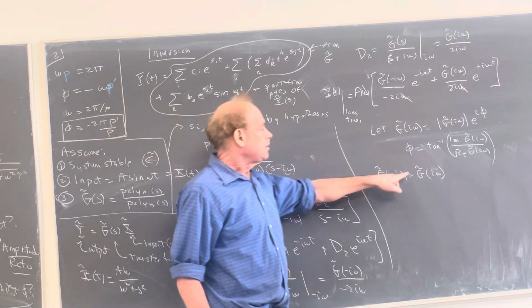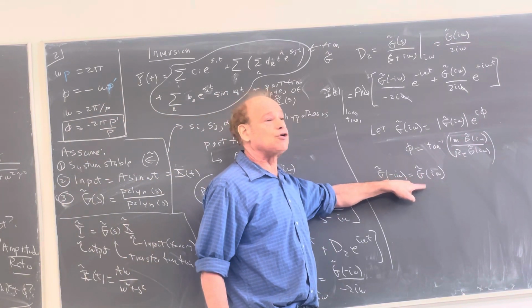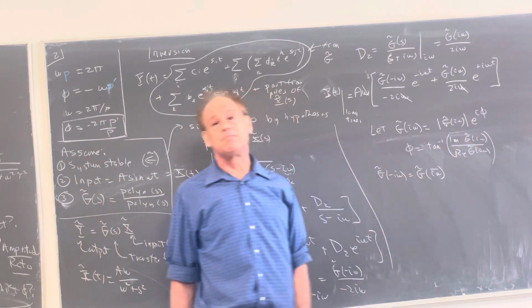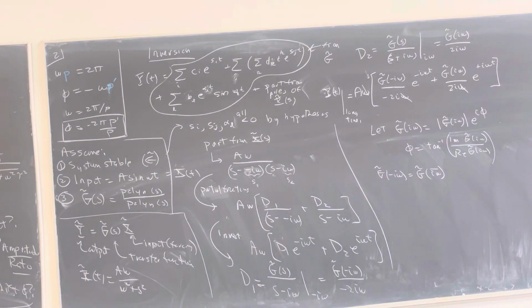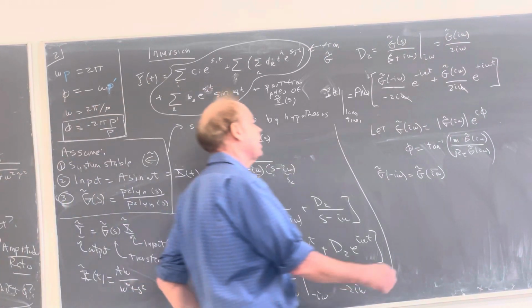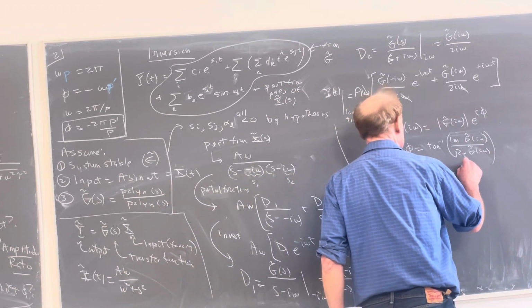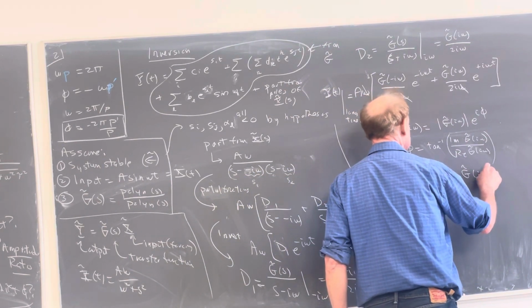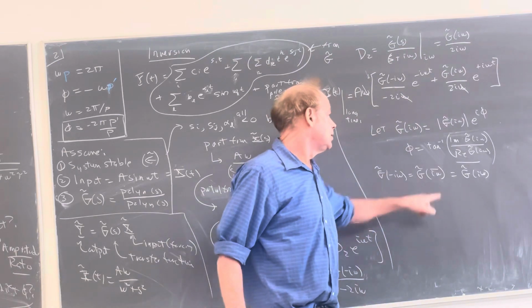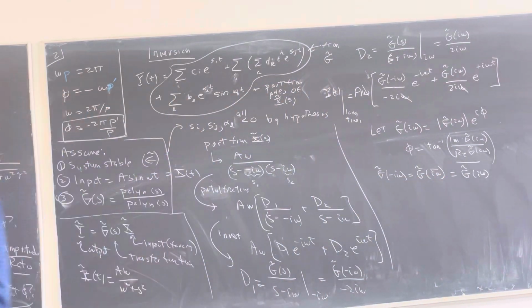So this is the ratio of polynomials of the complex conjugate of something. But the ratio of polynomials of the complex conjugate of something is the complex conjugate of the ratio of polynomials. So by virtue of what we have there, this is just the complex conjugate of G tilde of i omega, where this is a result of this, which we showed in the previous class.